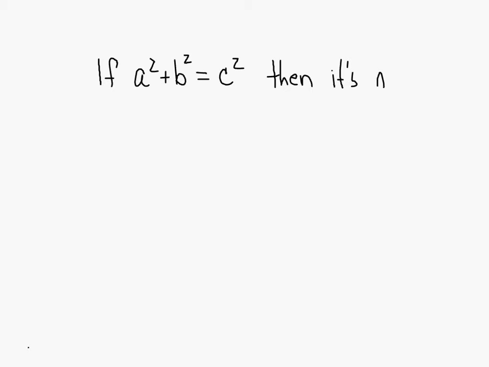So the other thing you need to know for today, let's write this down. If A squared plus B squared is equal to C squared, then it's a right triangle, isn't it?